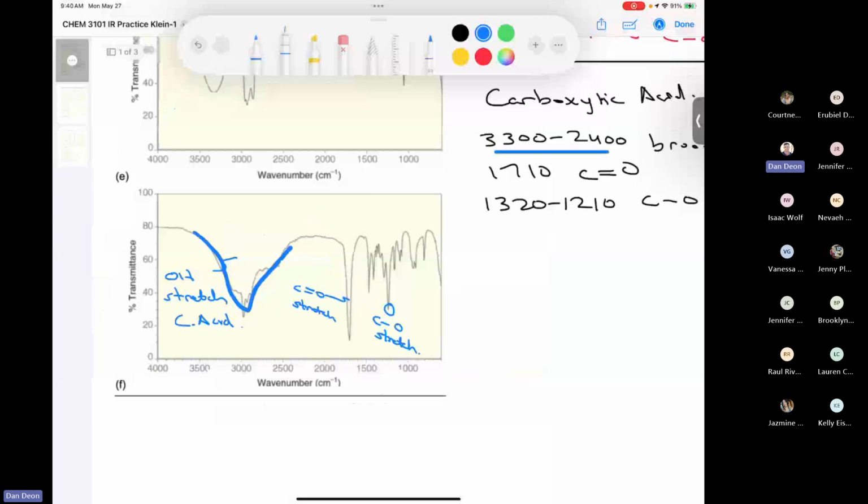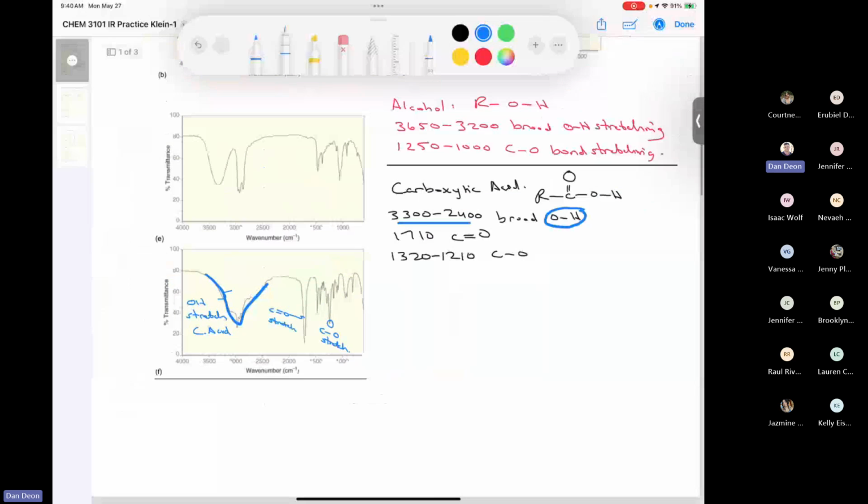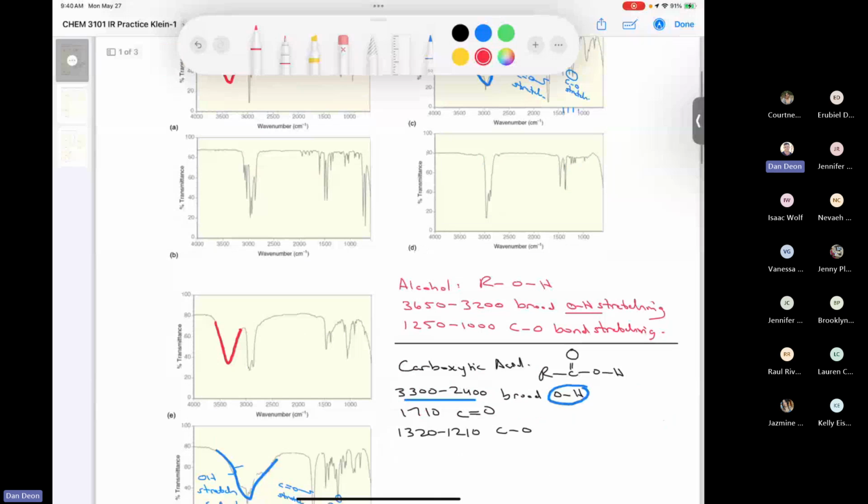Now with the alcohol, we look for a broad stretch, but it's not nearly as pronounced for our oxygen-hydrogen stretching. And so I can see that we have an oxygen-hydrogen stretch in this one here for an alcohol. And then we also have it in this one here. Let me trace that a little better. So it would be A and E are the two that have the alcohol stretching.